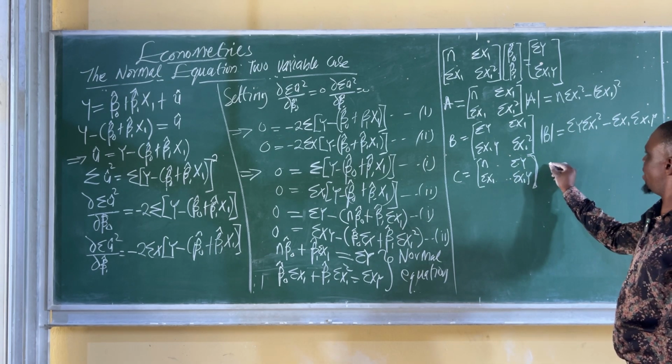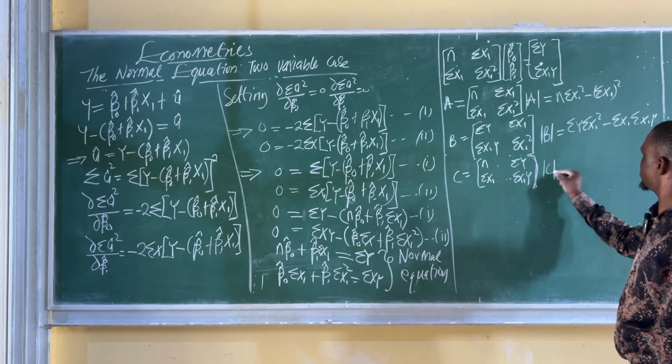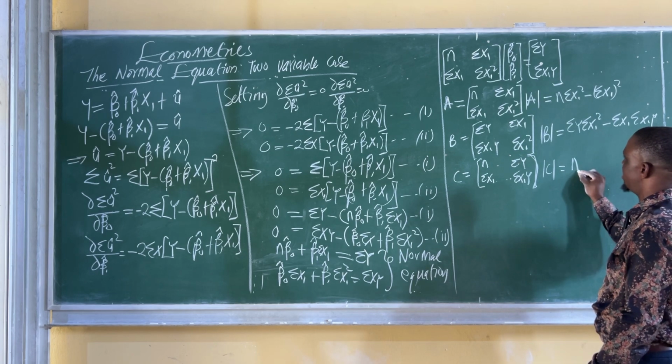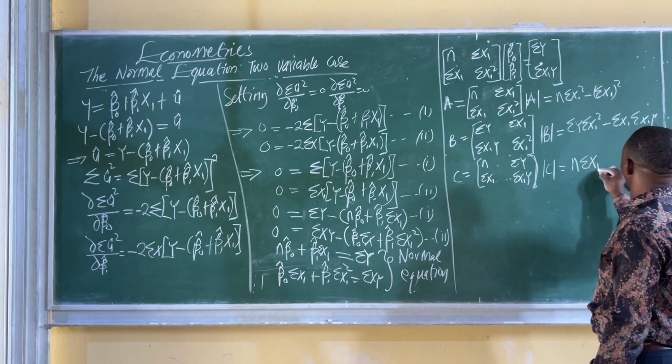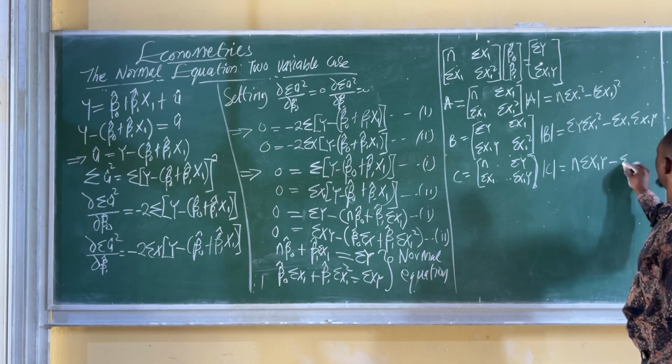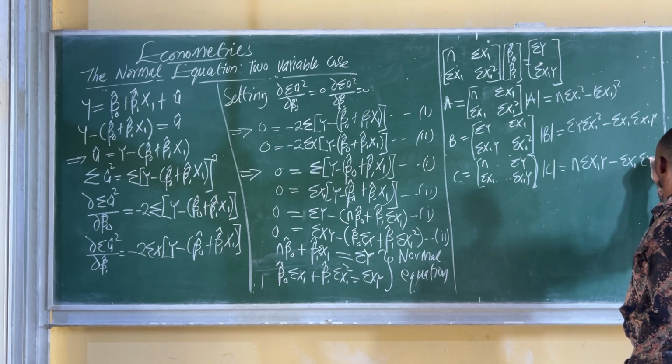So that our determinant of C will be equal to this time this minus this time this. So we'll have n summation x1 y minus summation x1 summation y.